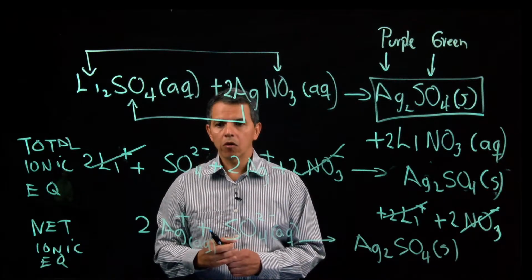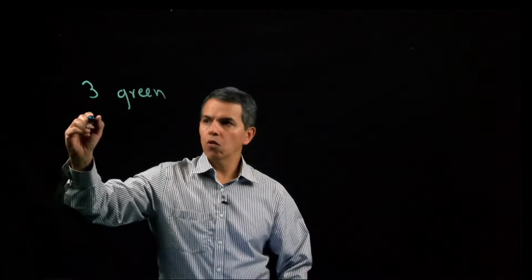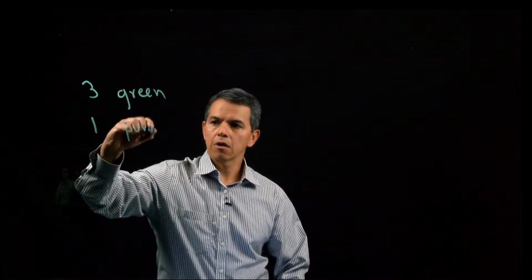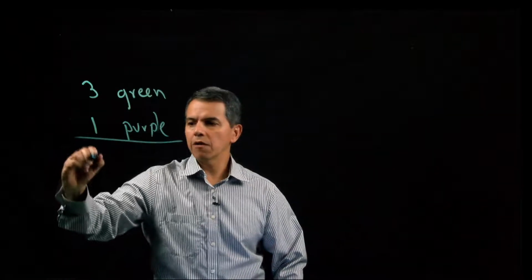Now we are going to start working on part B. For part B, we will count the spheres to determine the number of moles of ions left after the reaction is complete. Here we have 3 green and 1 purple, so we have basically 4 spheres.